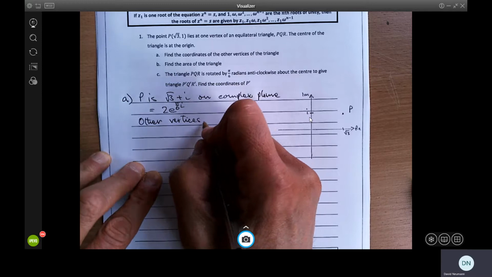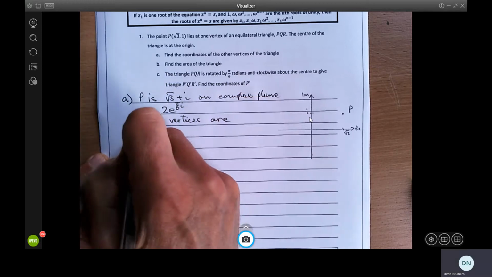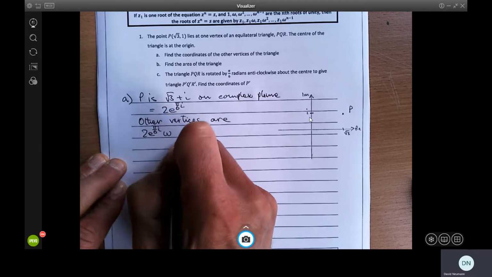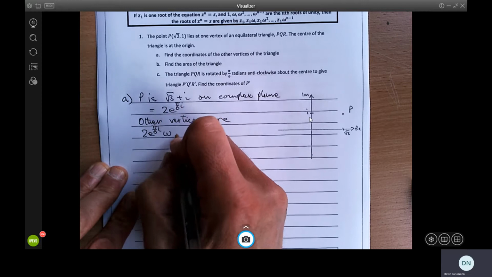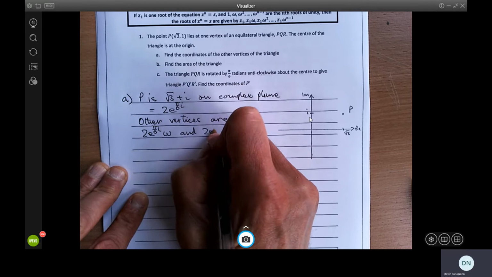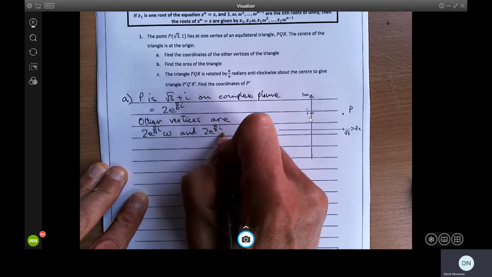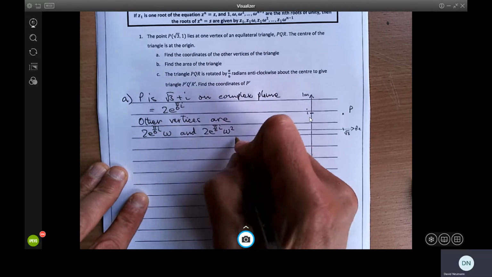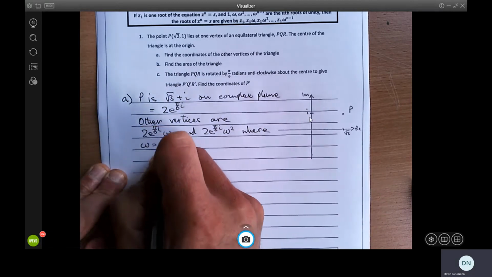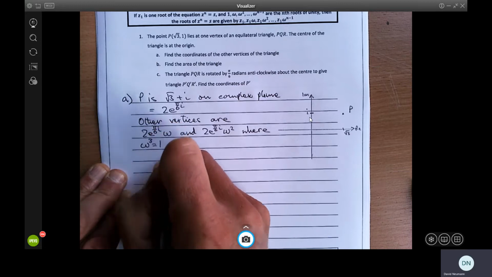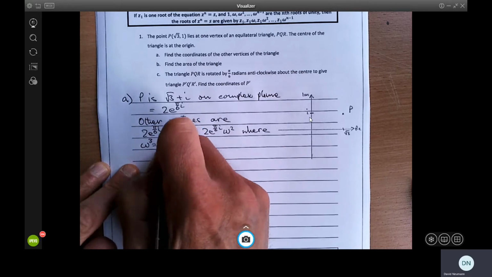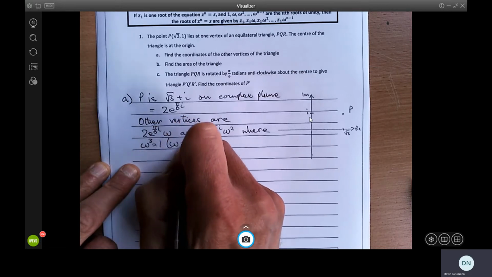So other vertices are 2e to the pi over 6i times omega, looks like a W, Greek letter omega, and 2e to the pi over 6i omega squared, where omega cubed is equal to 1, but not including omega equal to 1. So omega not equal to 1.